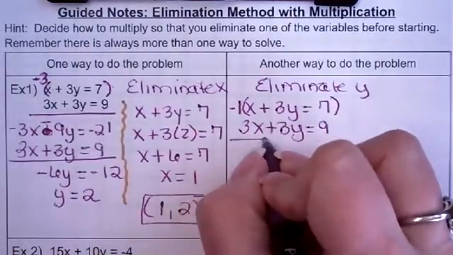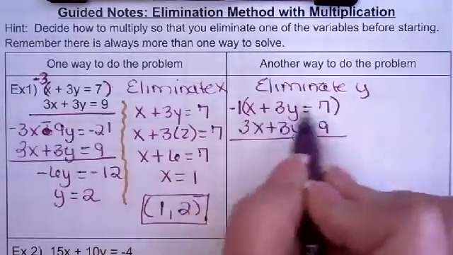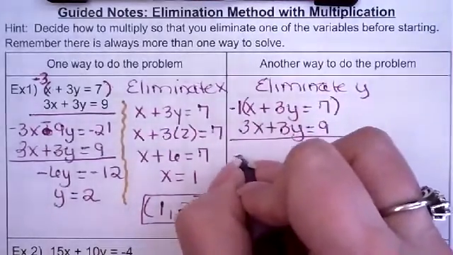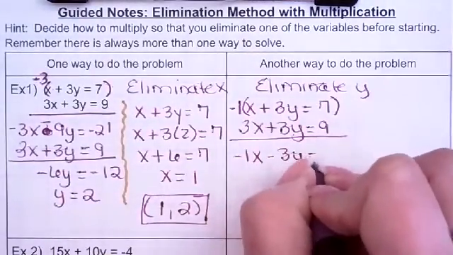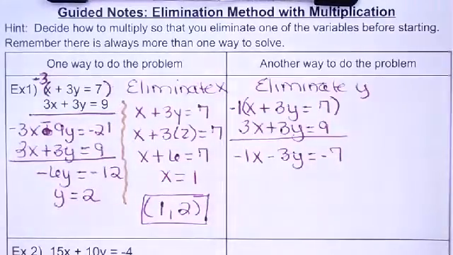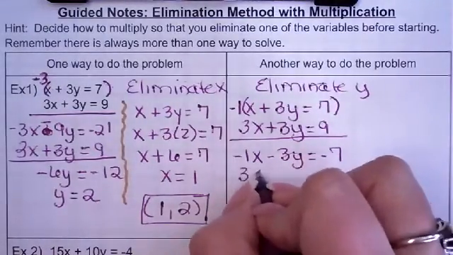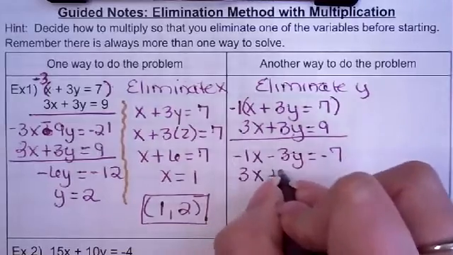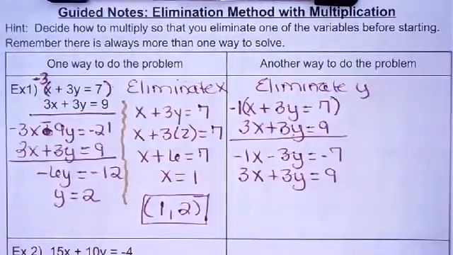Now, put my line right here. Let's do the distributive property. So I've got negative 1x minus 3y, because I'm just multiplying by negative 1, is equal to negative 7. Now, bring down my second equation, 3x plus 3y equal to 9.